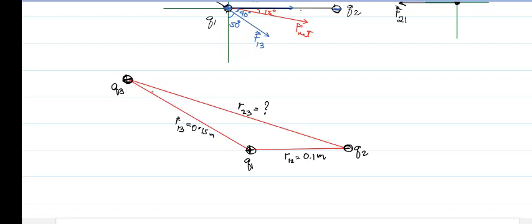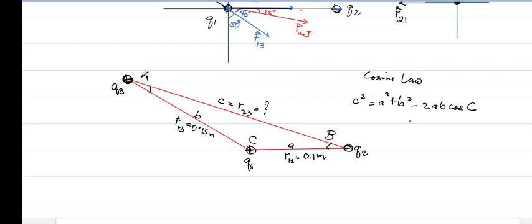So if we label this angle as our angle A, so this side is our side A, and if this angle is B, this side is our side B, and if this is our angle C, then this is equal to our side C. Applying the cosine and sine law, so our review, cosine law is C squared equals A squared plus B squared minus 2AB cosine C. So in our example, A is equal to 0.1 meter, B is 0.15 meter.